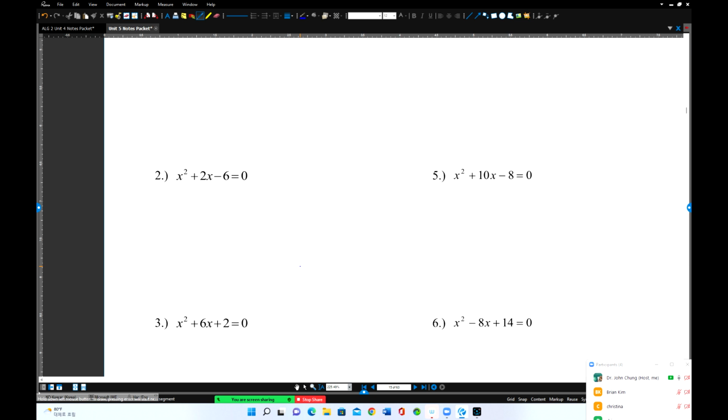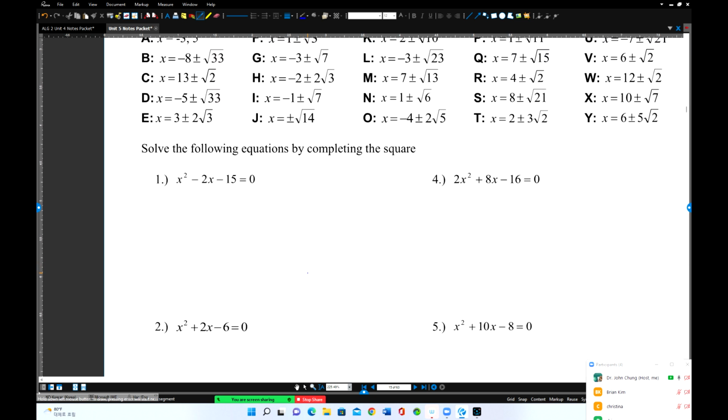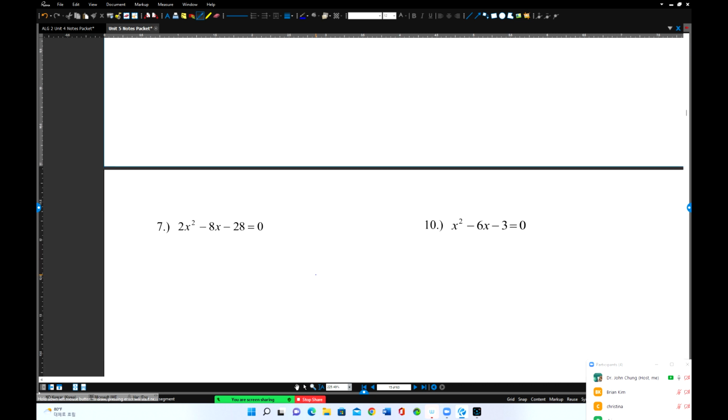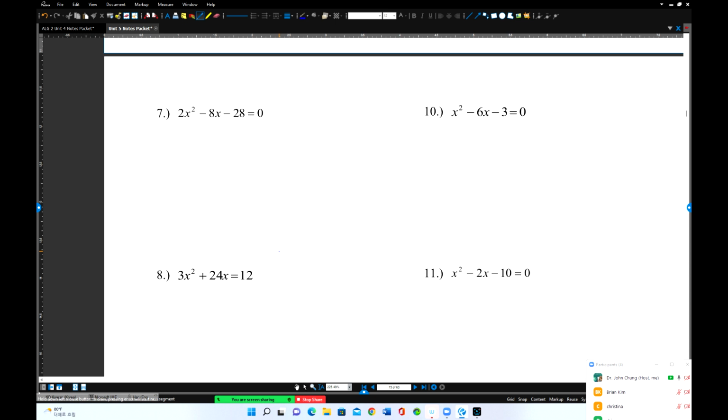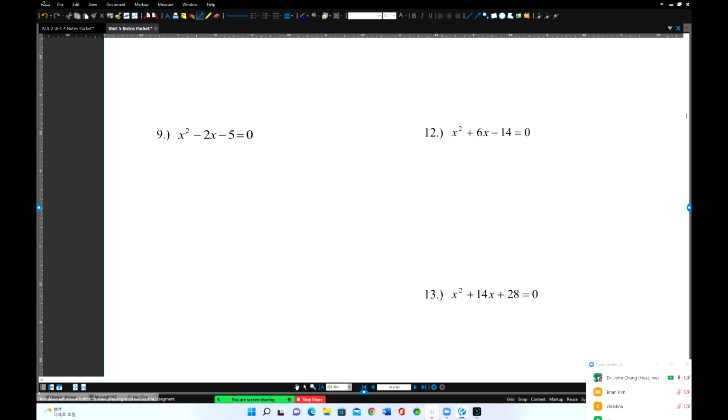Move on over here. I'm going to find out that all coefficients of x are divisible. This one, we did it. This also, you can divide by 2. This is also divisible by 3. Which one is not divisible by 3?